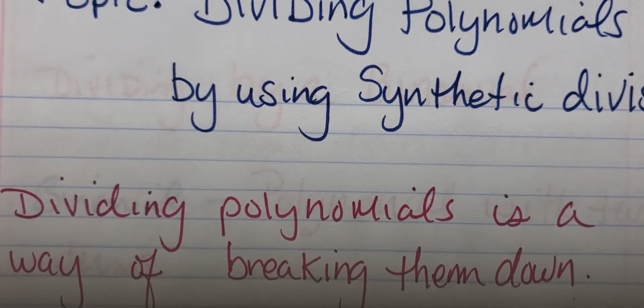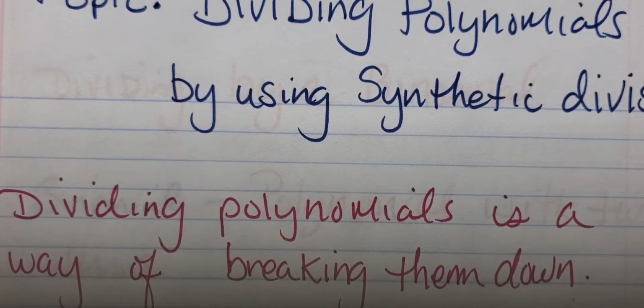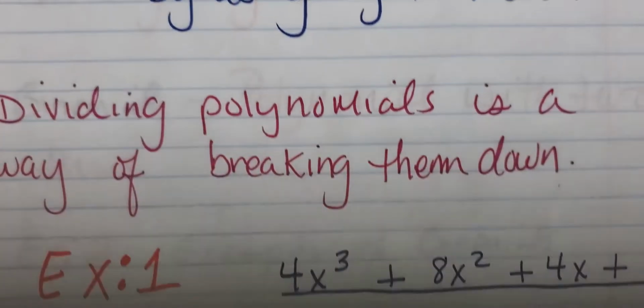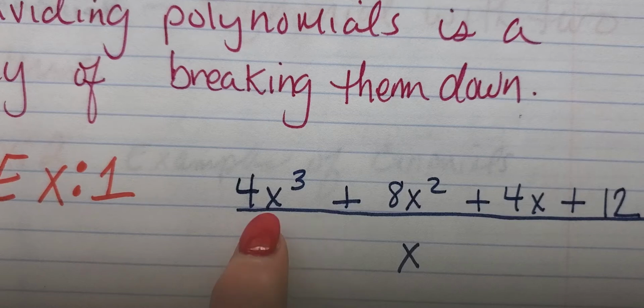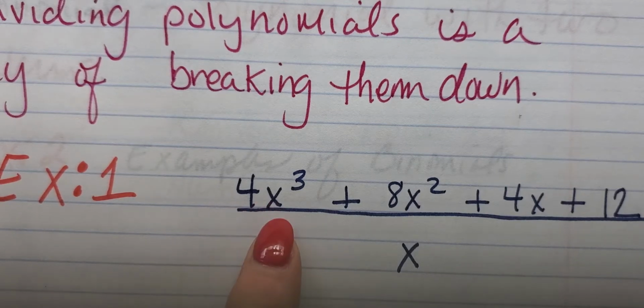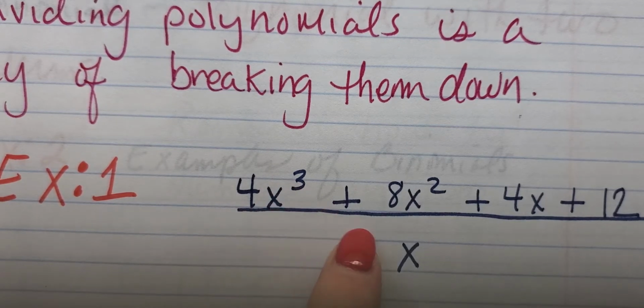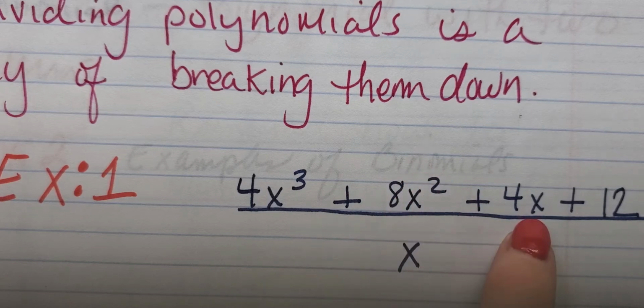So I'm going to go back to taking a polynomial and dividing it by a monomial, and I want to show you what happens. Okay, so here's example 1. We're going to take 3x cubed plus 2x squared plus 4x plus 12, and we're going to simply see what happens when we divide it by x.